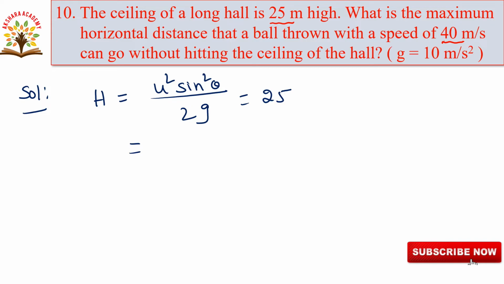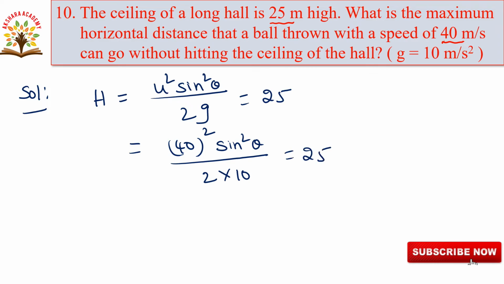Substituting values, u as 40 and g as 10, that is equals to 25.